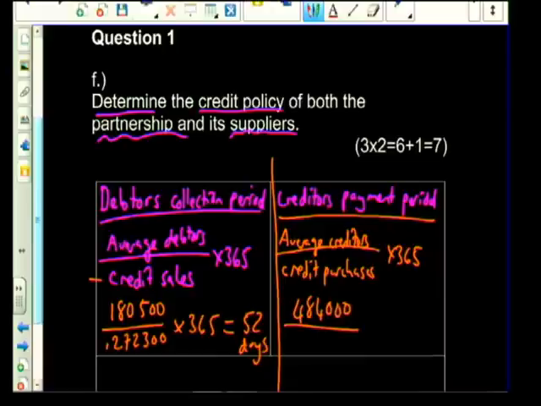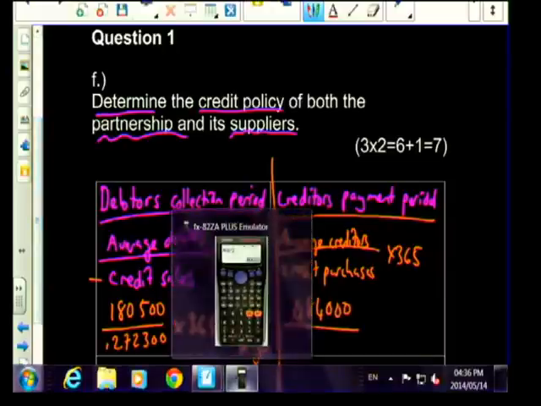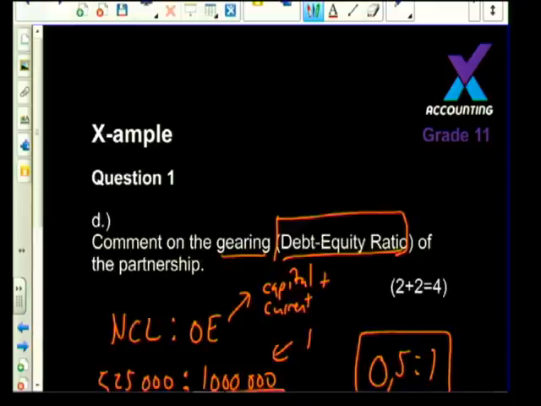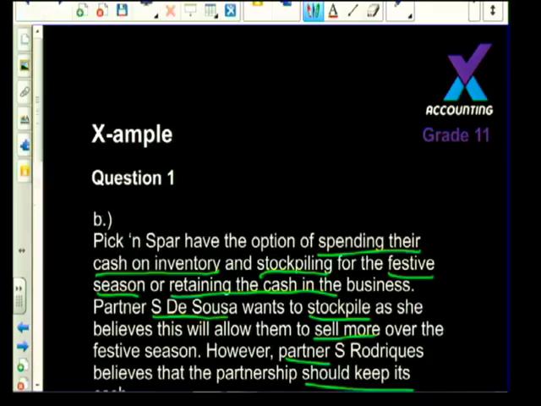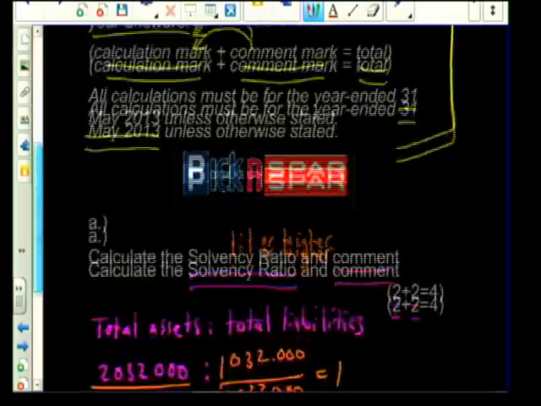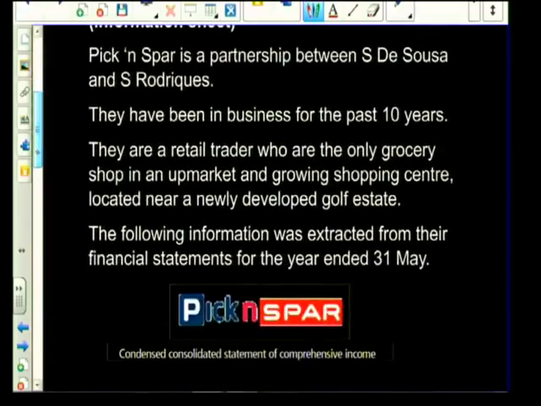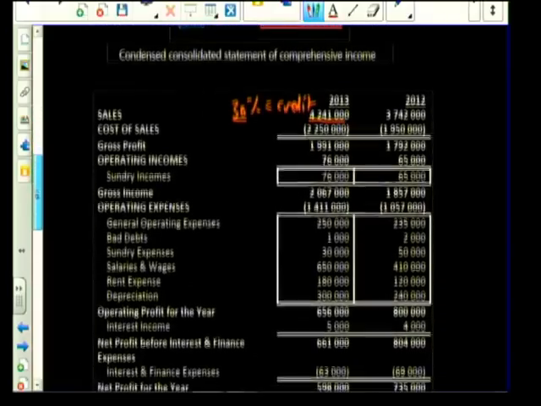And we're going to divide that by our credit purchases. So when you're looking at credit purchases, we need to look at not our sales, but actually our cost of sales, because we assume that the business maintains a fixed stock level. I'm not going to explain that today, but there'll be a session on periodic inventory where you'll know about the fixed stock level.